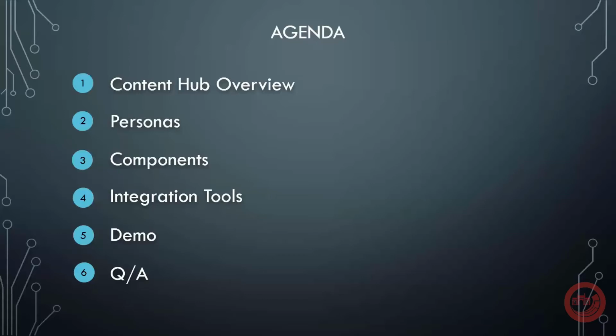And then the components, this is the most important thing that we need to understand before we do any customizations to Content Hub, the components that we need to focus on in the system as a developer. That leads to the tools, right? Now we looked at the components, we're going to look at some of the tools that are available in the system to customize the components discussed, and then followed by demos. That's the most important fun stuff.